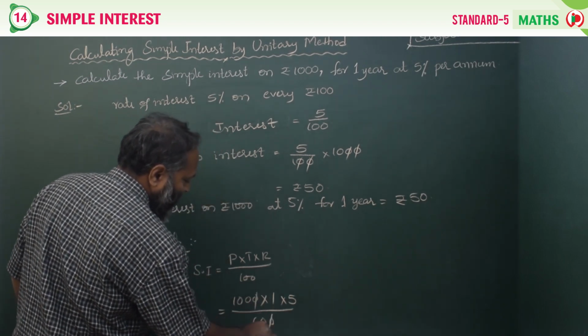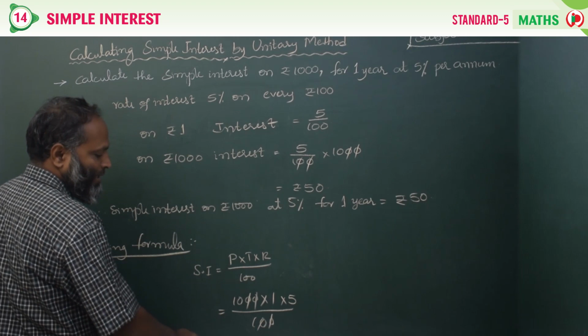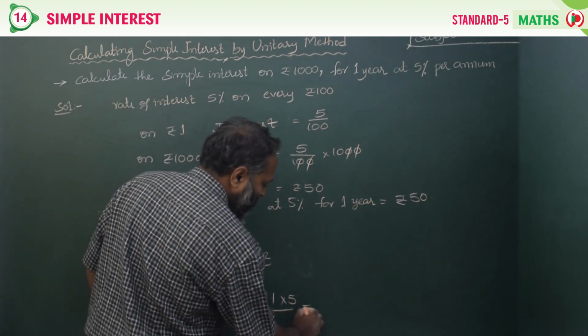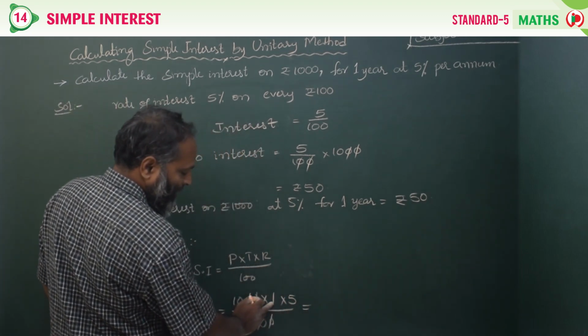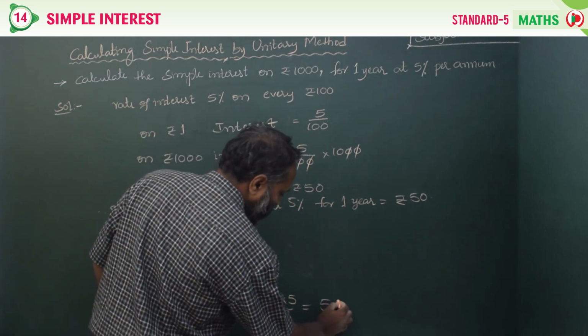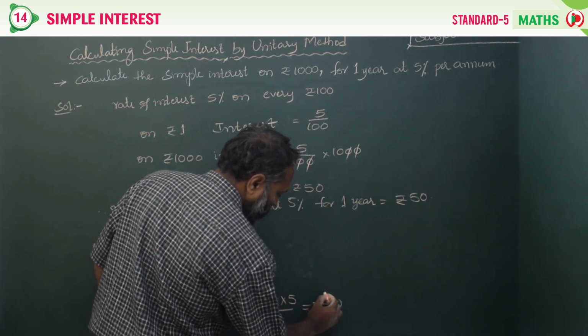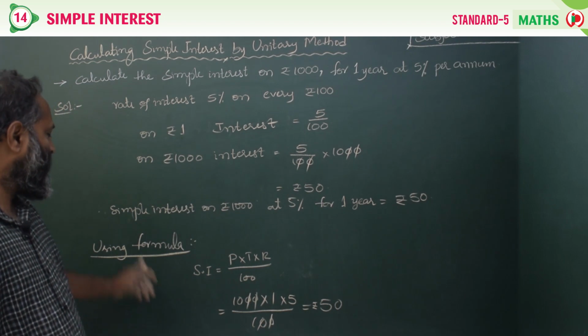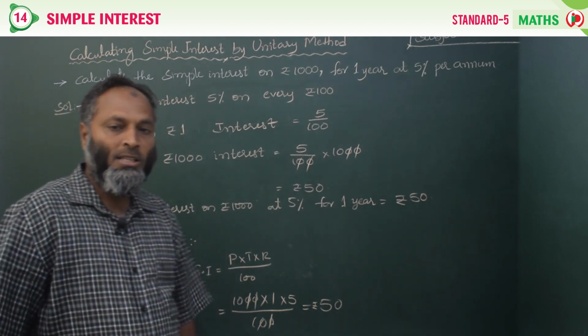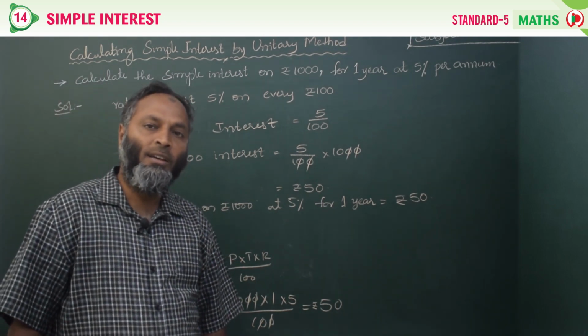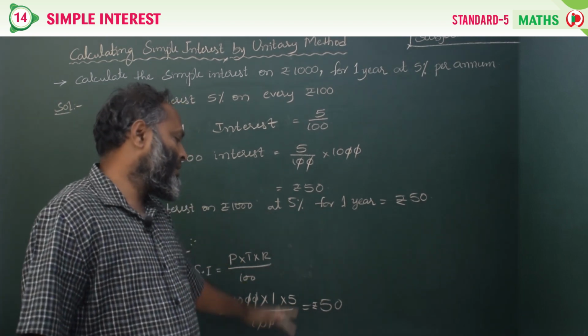Here the 10 and 10 cancel. 10 5s are 50. Simple interest is 50 rupees. Using the formula method, it is very easy to calculate. Okay. This is the unitary method, and this is the formula method.